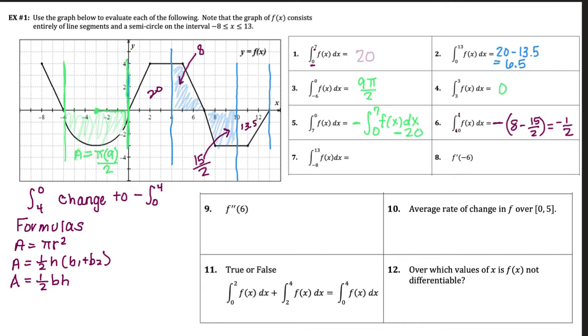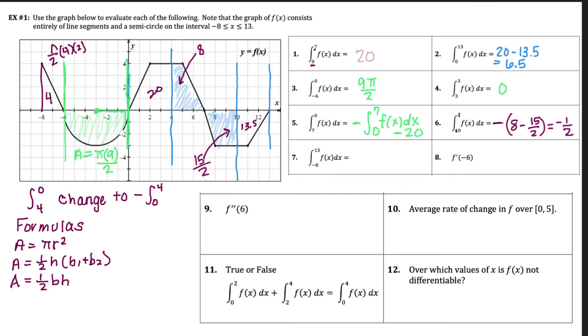So what we didn't know was this triangle right here. So we can find that right quick. That's 1/2. The base is 2, and the height is 1, 2, 3, 4. So 1/2 times 4 times 2. So that area inside there is 4.